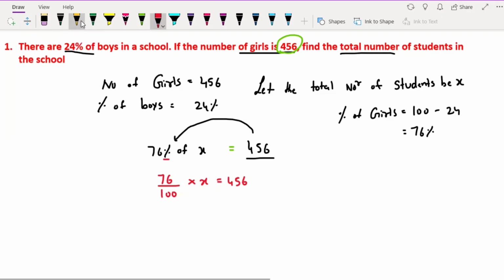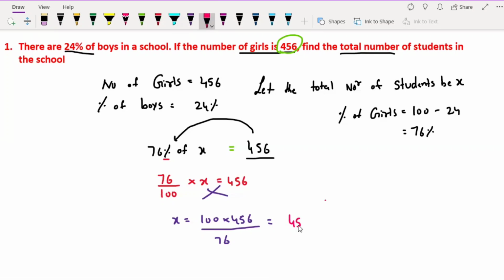Cancellation is possible, but we are not going to do it now; we are going to cross multiply. So x is equal to 100 into 456 divided by 76. 456 into 100 will give 45,600 divided by 76.